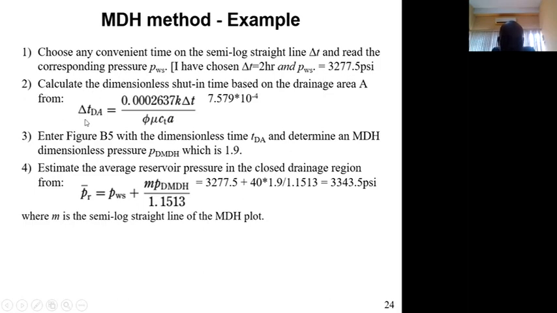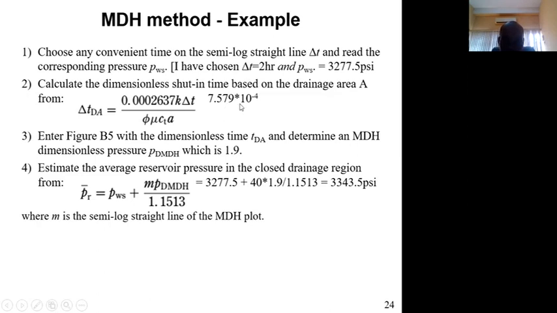And of course, the next thing is to get the dimensionless shut-in time. So all you need to substitute: this is 2 hours, this is 12.8, this is pi, 2640 squared, 22.5 times 10 to the minus 6, 0.2, 0.09. Substitute that, and you would get this.